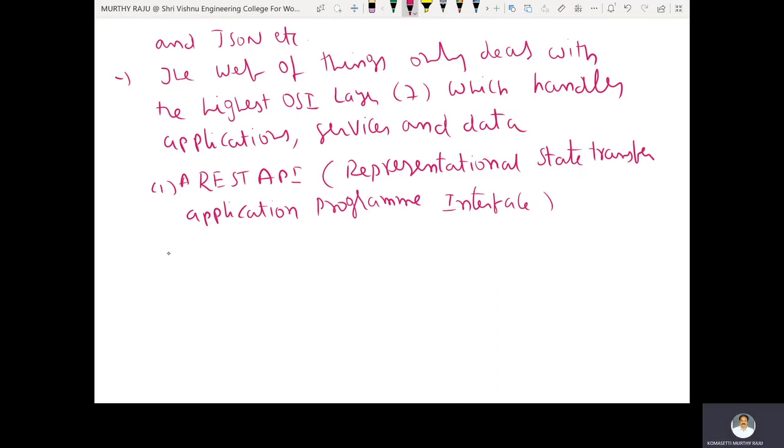These are some commands used by REST API.